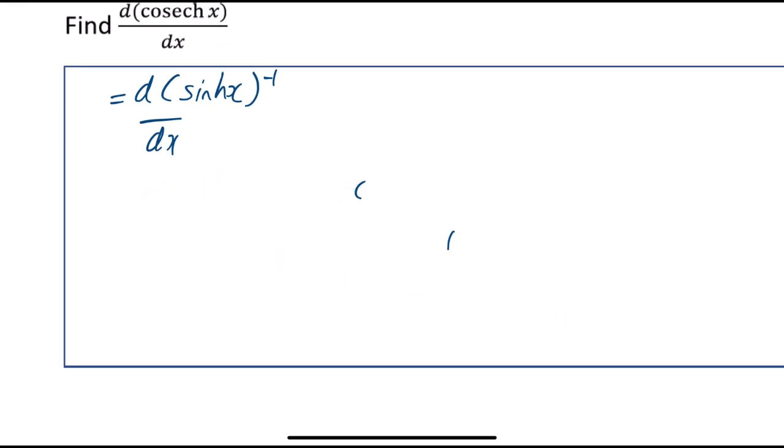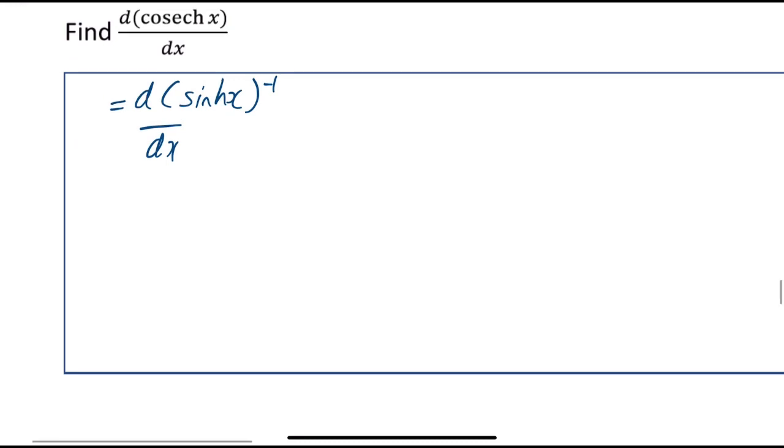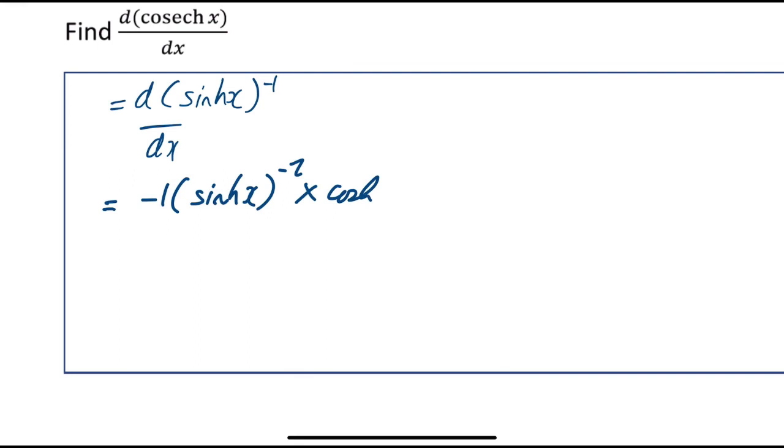Using your chain rule. So here you have hyperbolic cosec. You could write that as hyperbolic sine x all to the minus 1. So differentiate with respect to the power, you'll have minus 1 hyperbolic sine of x to the minus 2. And differentiate inside the bracket, you'll have hyperbolic cos of x.